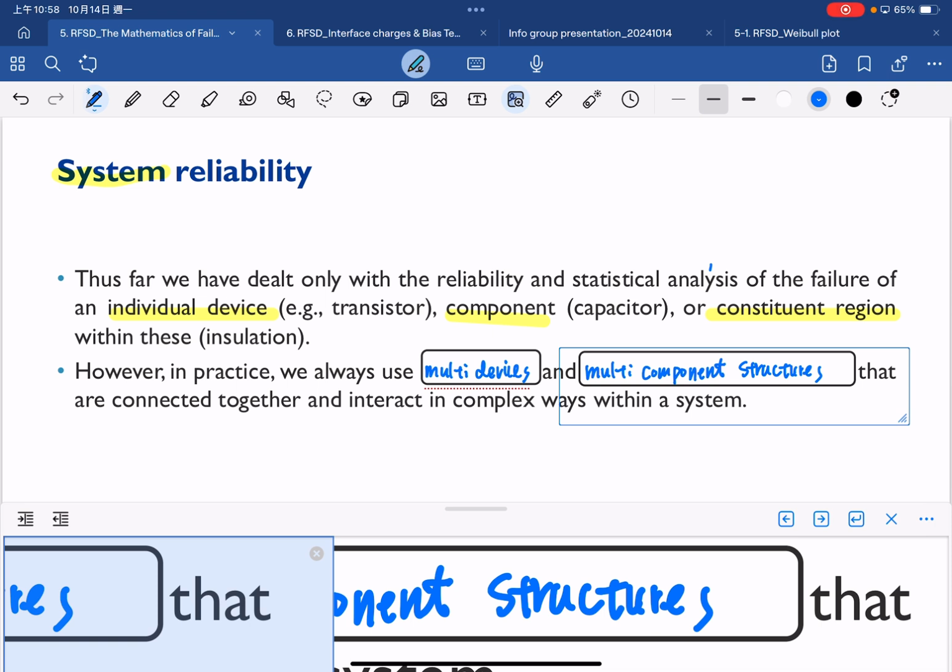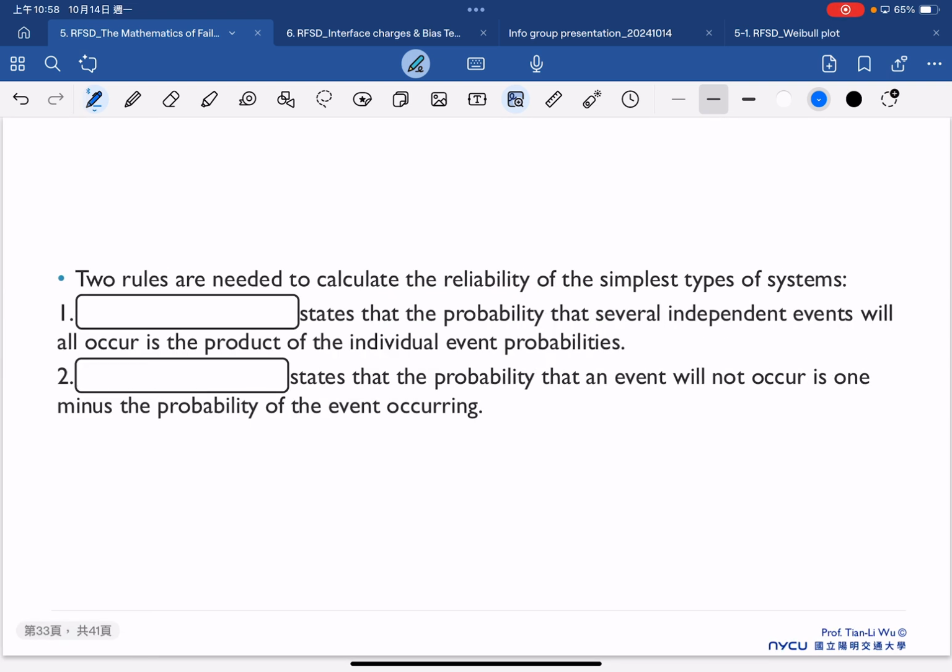There are two rules when we consider system reliability. The first one is the multiplication rule.